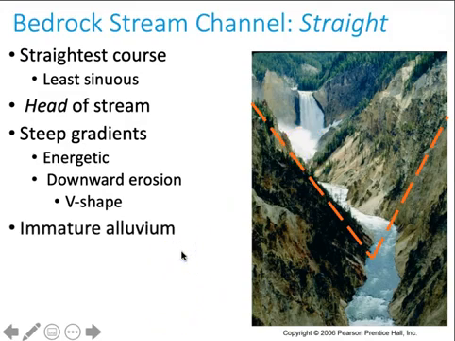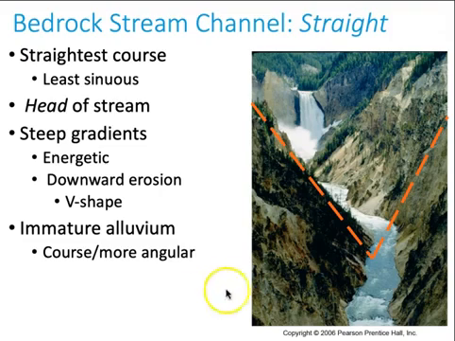Any sediment deposited will be temporary and immature. Immature meaning that it's going to be coarse, so large size sediment, think of boulders, rocks that are more angular. They haven't had time to get rounded yet.